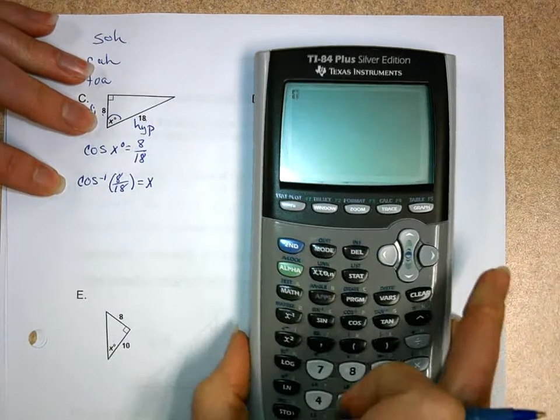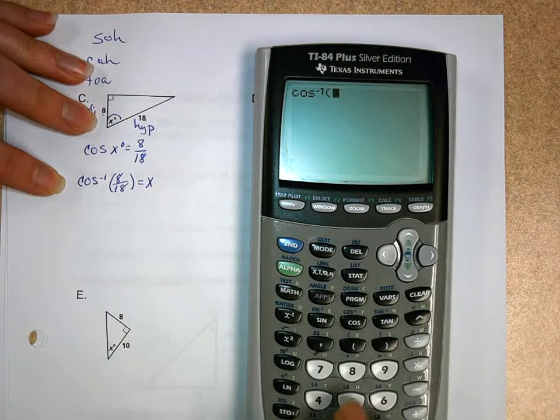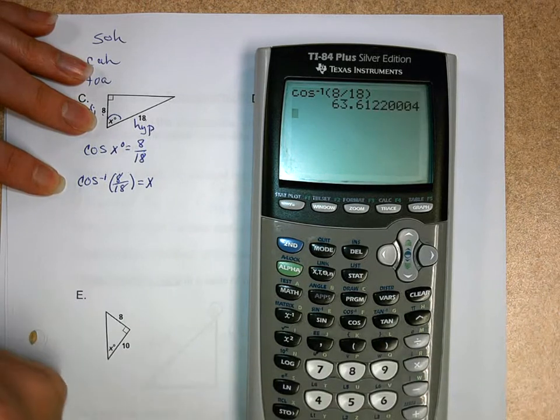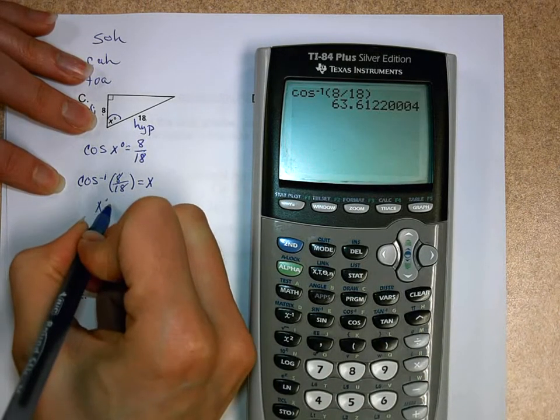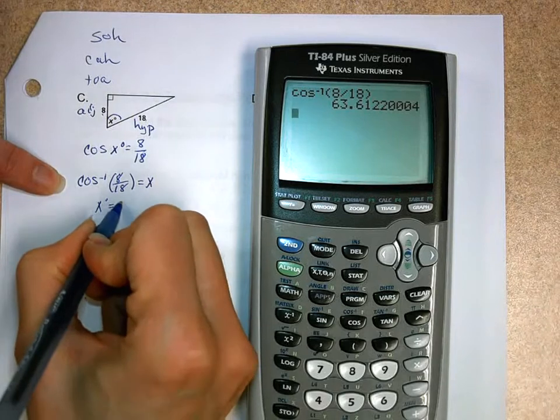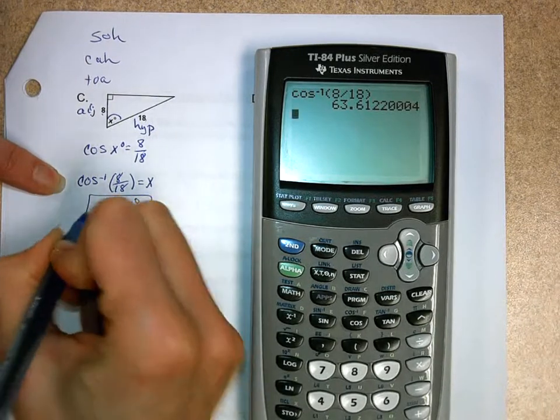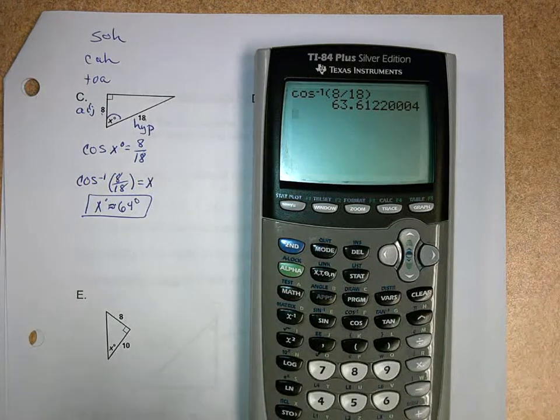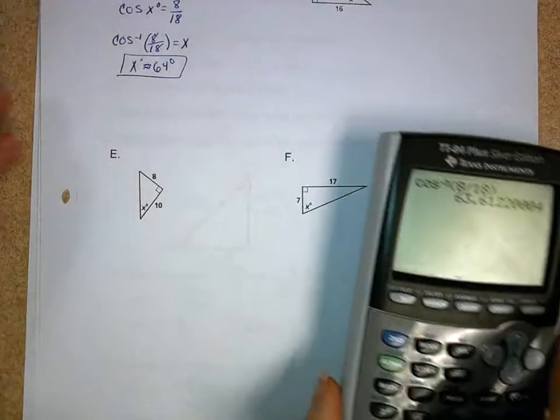Second key, cosine, and just go 8 divided by 18, close that parenthesis, enter. X is going to be 64 degrees, approximately, because we're going to the nearest degree. What do you guys think? Yeah, not too bad, is it? All right, let's look at another one.